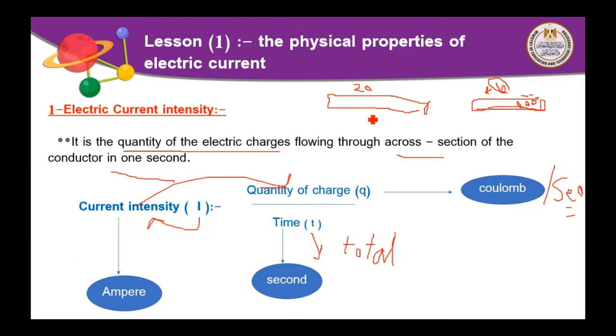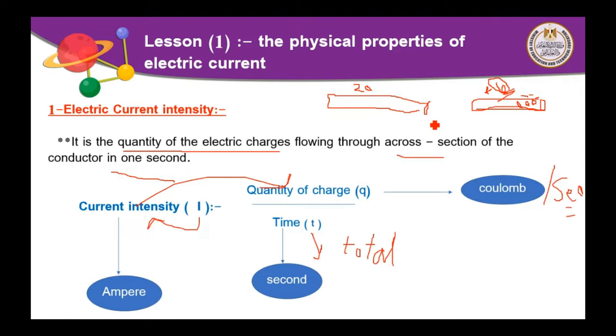As in the example, when 10 coulombs pass in 1 second in the first conductor, and 20 coulombs pass through the second conductor in 1 second, which has the bigger electric current intensity? Yes, conductor number 2, which contains 20 coulombs, because by increasing the electric charges, the electric current intensity increases.